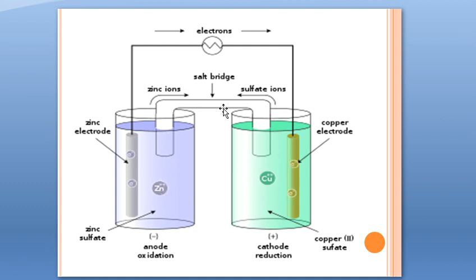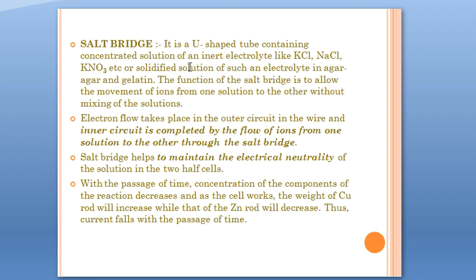Positive ions move through the bridge, negative ions move through the bridge. There is no mixing of the solutions, and in spite of that, electrical neutrality of the whole cell is maintained. That is the main significance, main importance of the salt bridge. I have written the details here: what the salt bridge is, what electrolytes we use, and what is its function. The main function being to maintain the electrical neutrality.